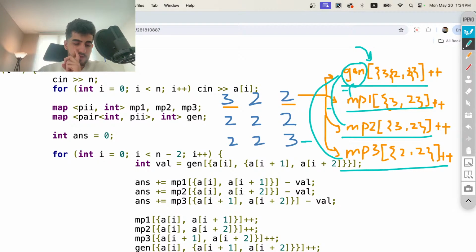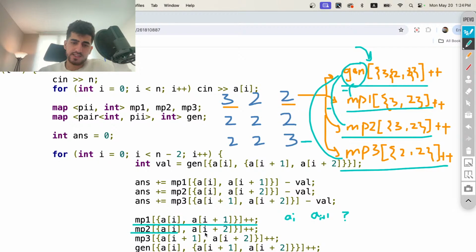Okay. So MP1 means how many triples I have such that their first element is AI, their second element is A of I plus 1, and their third element is a question mark. So the third element is not definite.